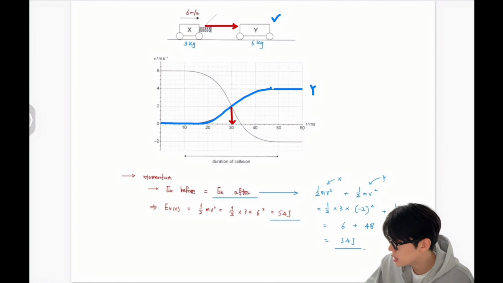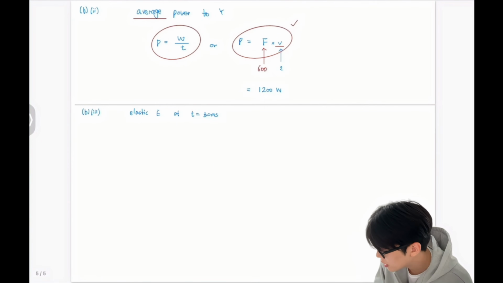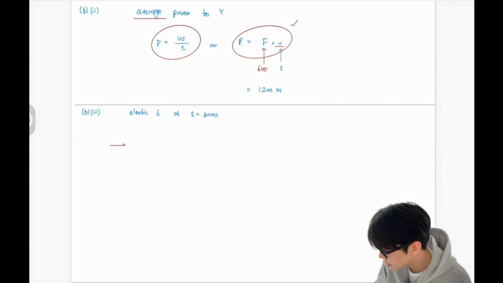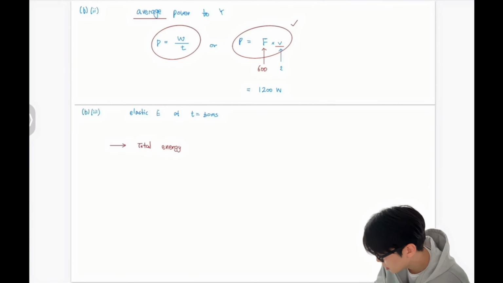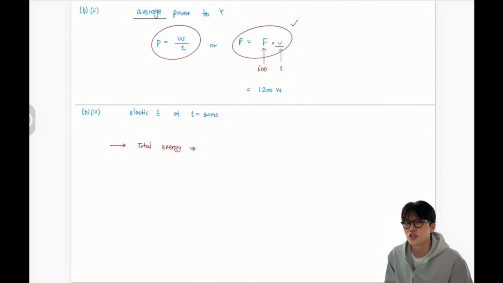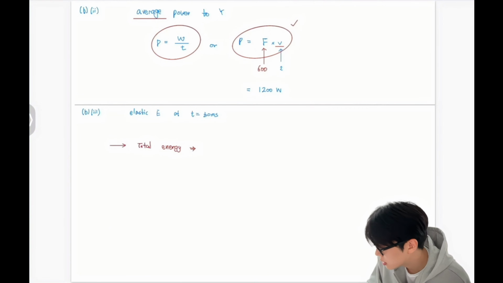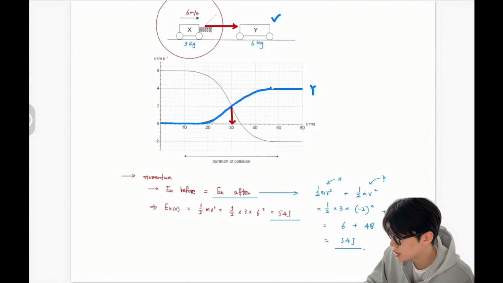So if we see this question, we have to go through it energy-wise, right? Because we have elastic potential, we want to get the elastic potential energy at T equals 30 milliseconds. Let's think about the total energy. We have a lot of ways to calculate the total energy, but I think the easiest one is to calculate the initial situation, right?